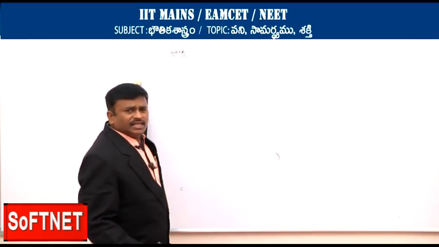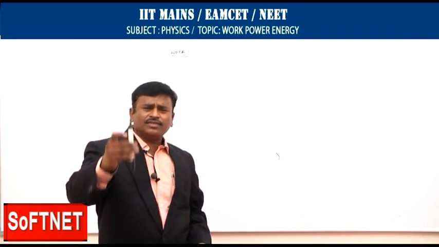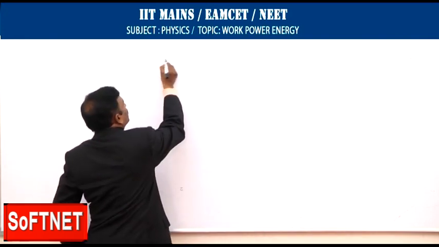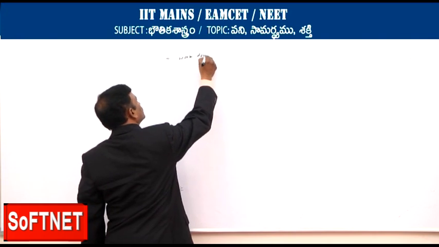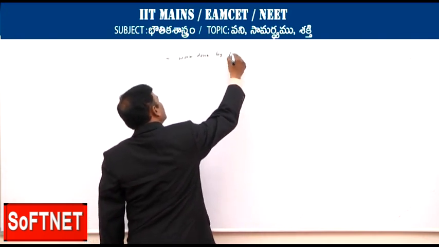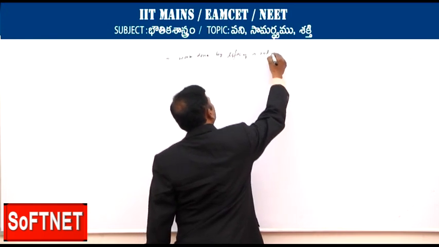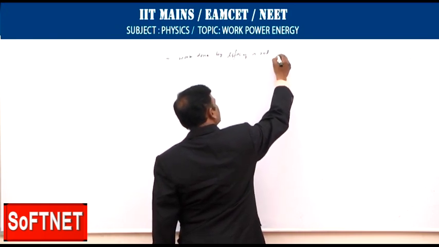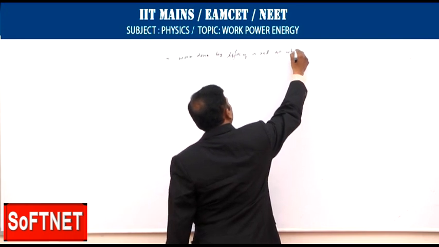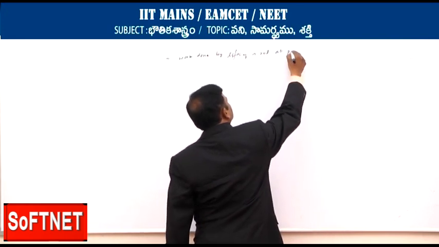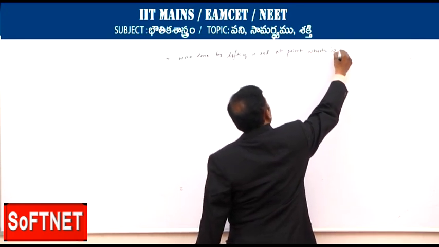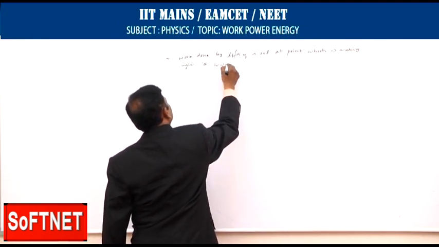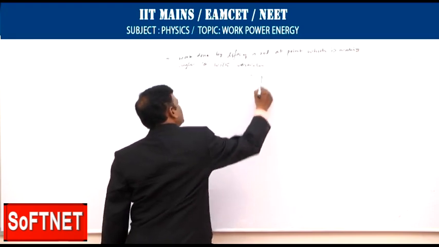Next, in the same case, if instead of the pendulum it is a rod making an angle theta with the vertical, that time the amount of work done to lift the rod, work done by lifting a rod up to a point making an angle theta with the vertical.